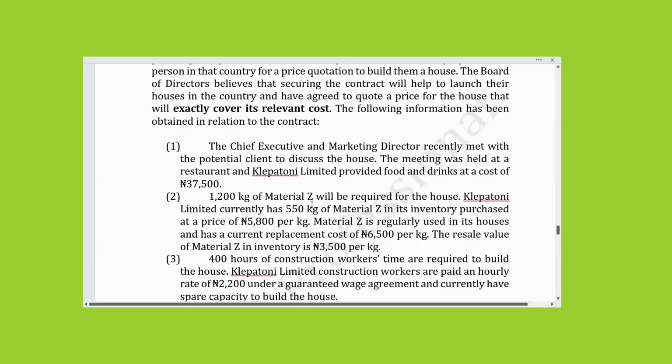If you are going to use this 550 kilogram for the project, it will be at opportunity cost, because if you want to sell the 550, you know how much you are going to earn. But because you want to use it for the project, you will not be able to sell it again. That will become opportunity cost. But the examiner did not tell you that they are going to use the 550 kilogram for the project.